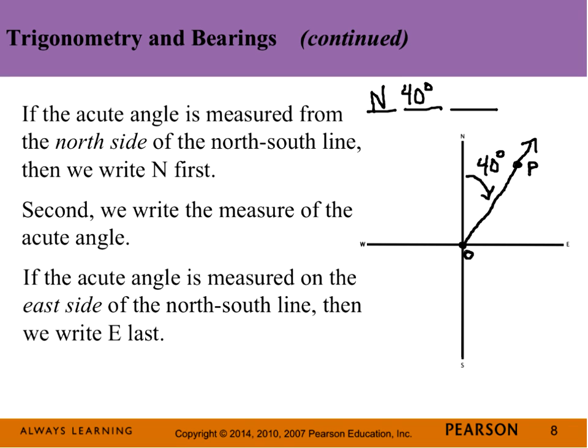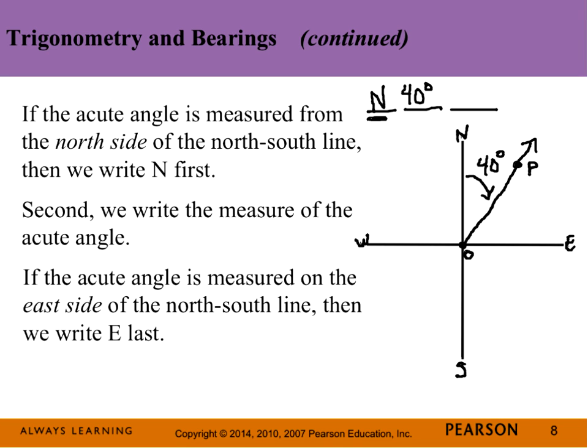So it may be difficult to see, but I did put directional indicators on here. So let me just make this bigger. There's an N there, north, south, east, west. So this particular line, or ray, is coming off of the north side of the north-south line.